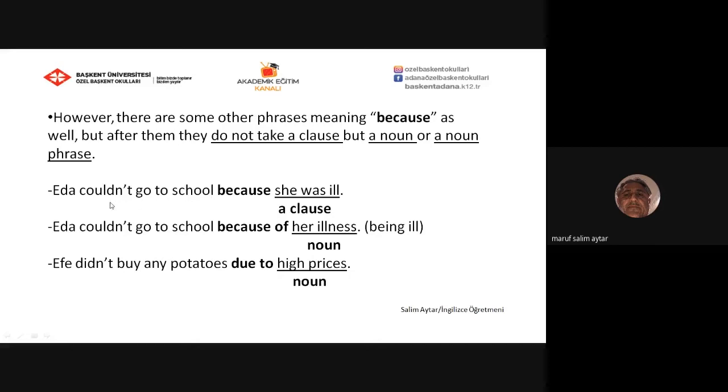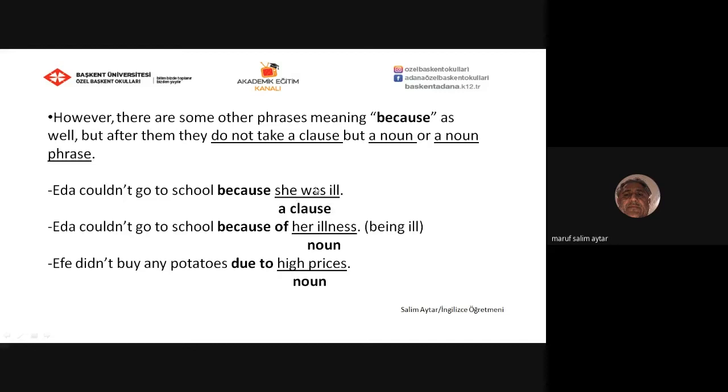Why couldn't Eda go to school? Because she was ill. After because, we have a sentence, a clause. See, a subject and verb. Because she was ill, and a complement as well.